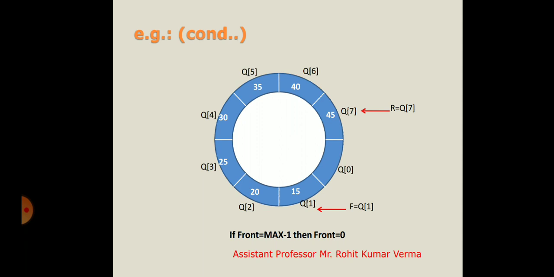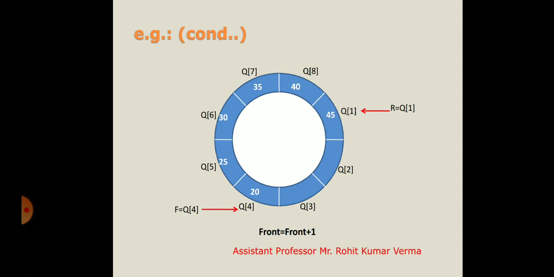In that case, you have to set your front at 0th. Whatever you are performing, you have to follow the conditions. And in case of deletion, you have to set your main focus at the front pointer.